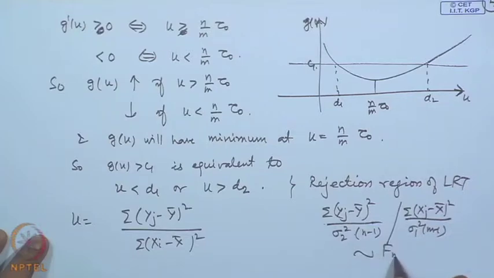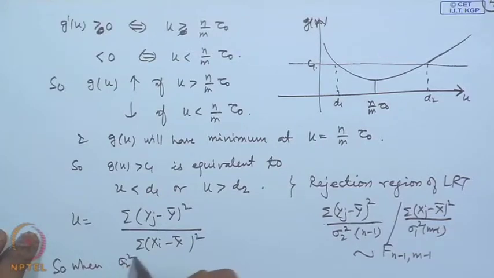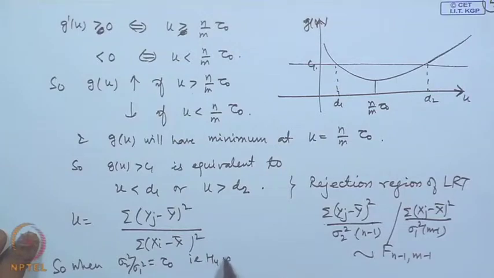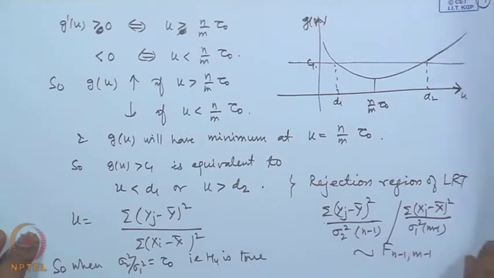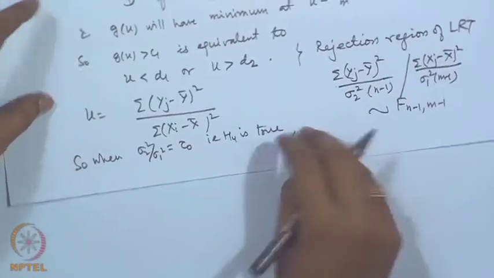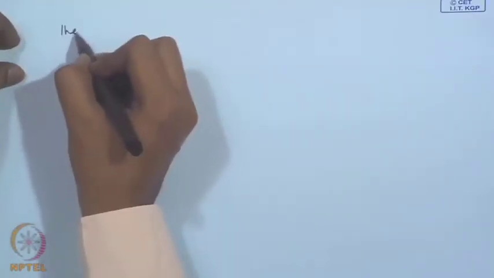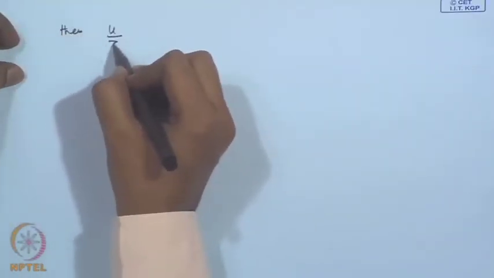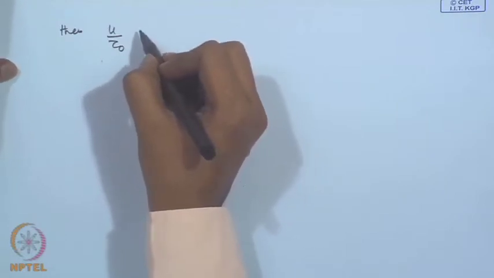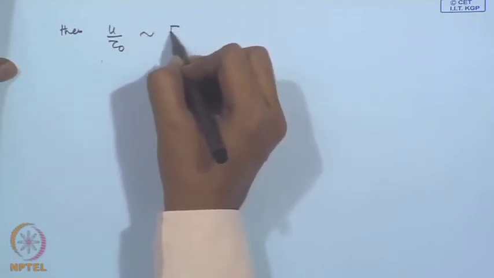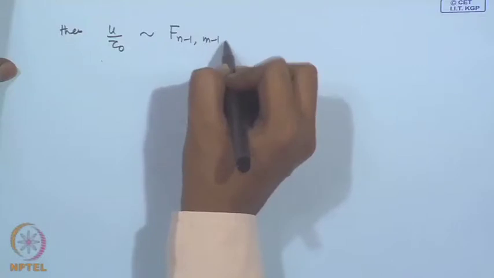This follows F distribution on n minus 1, m minus 1 degrees of freedom. So, when sigma 2 square by sigma 1 square is equal to tau naught, that is H naught is true, then u by tau naught follows F distribution on n minus 1, m minus 1.